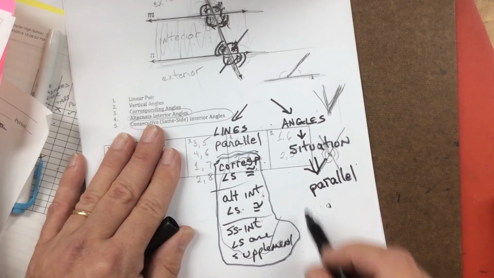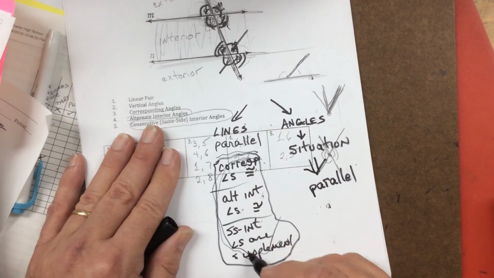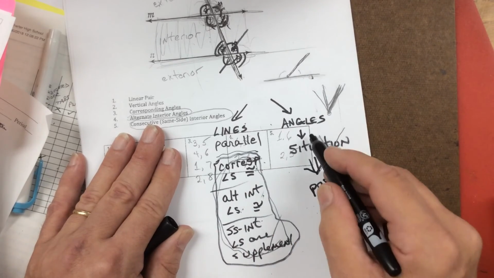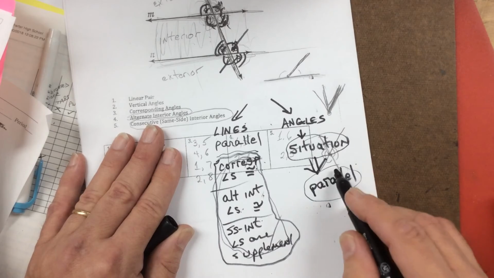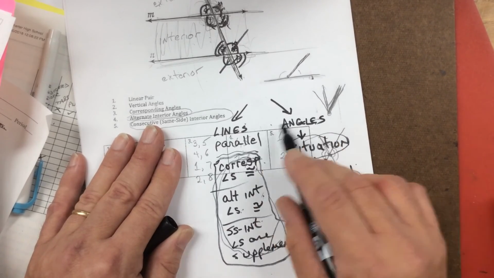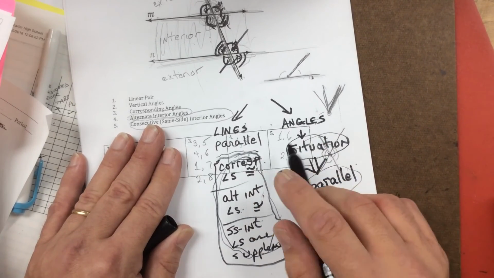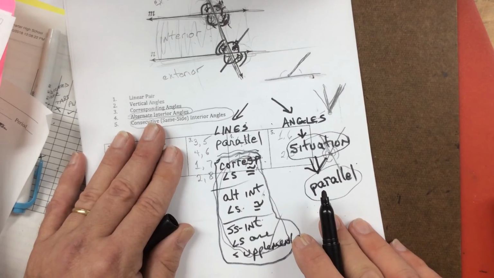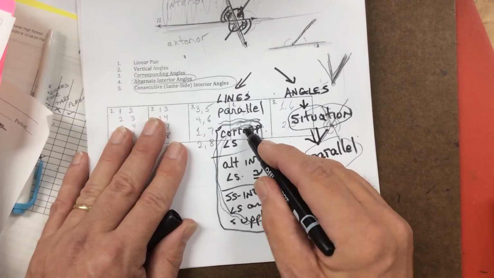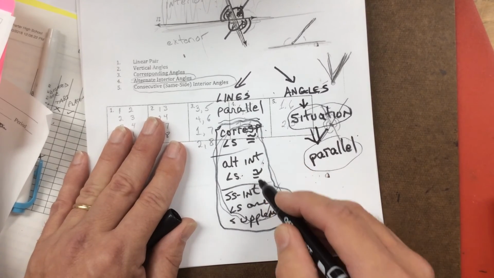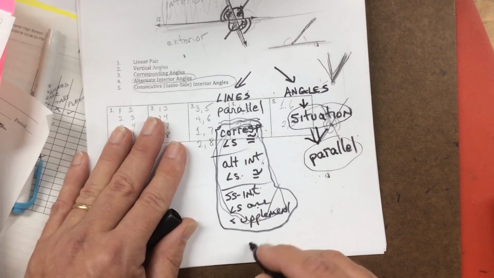So if the lines are parallel, you know the situation exists. If you walk in and find out the situation exists, you know the lines are parallel. These are two different things that can happen, so they have two different names. This is called the corresponding angles theorem, or the alternate angles theorem, or the same side interior angles theorem.